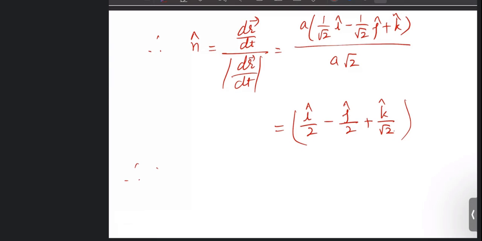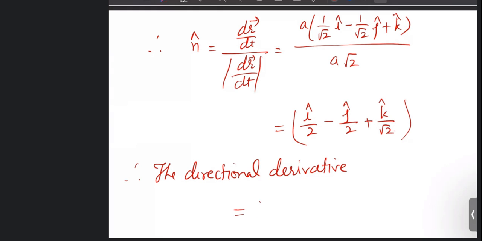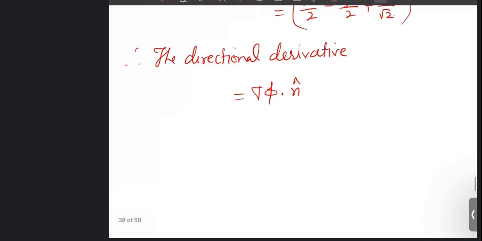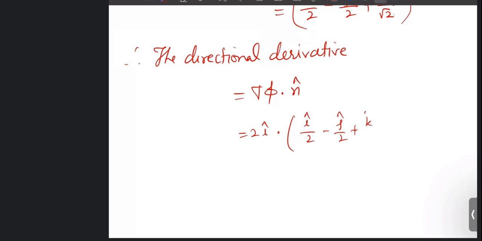Therefore, the directional derivative is equal to the gradient of phi dot n. The gradient of phi is just 2i, in dot product with this vector i/2 − j/2 + k/√2.